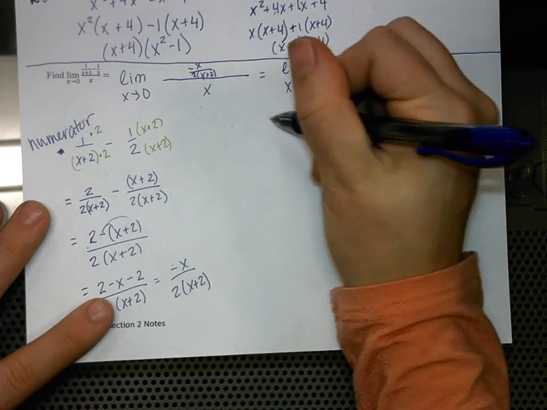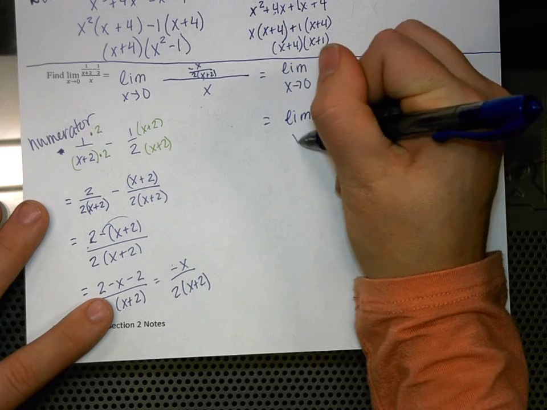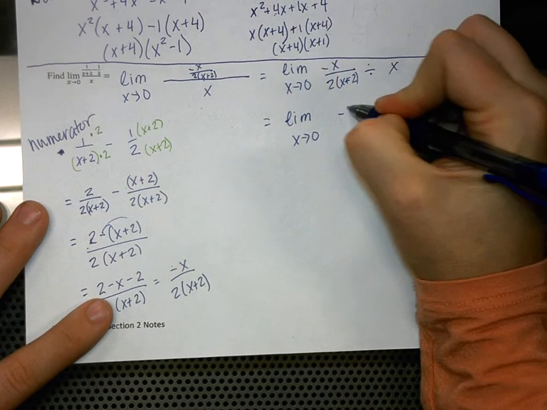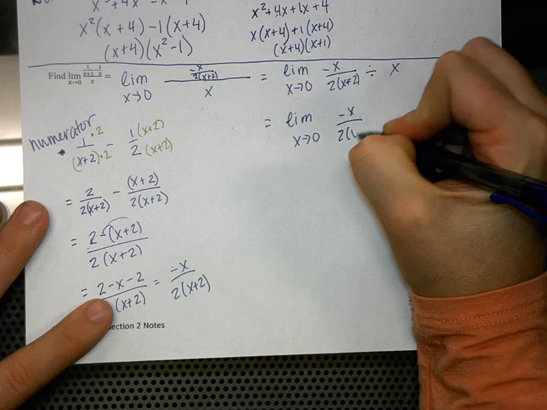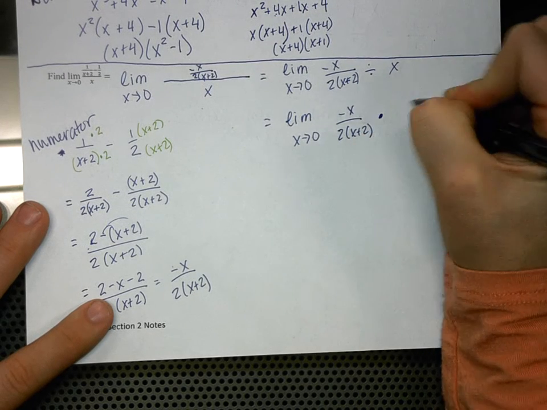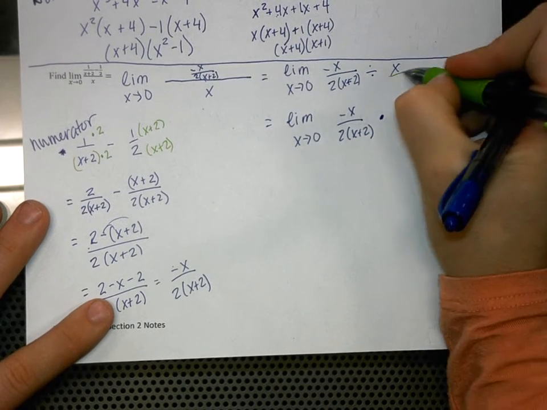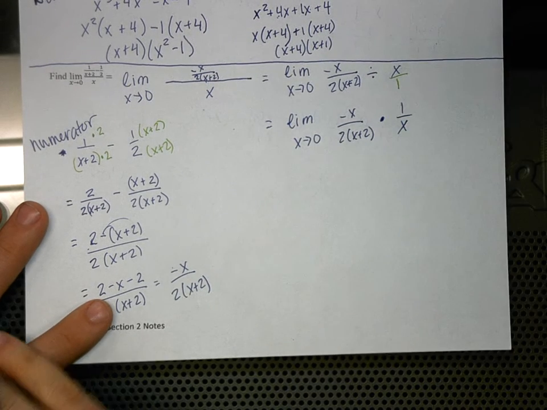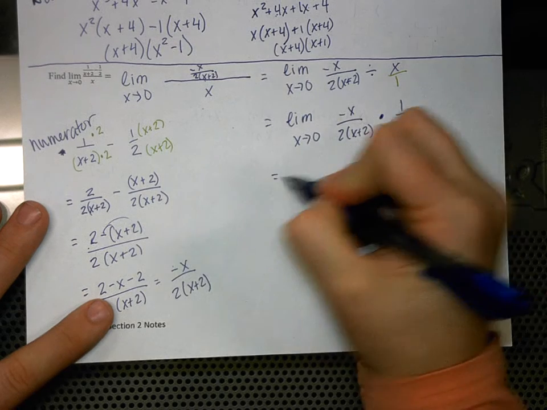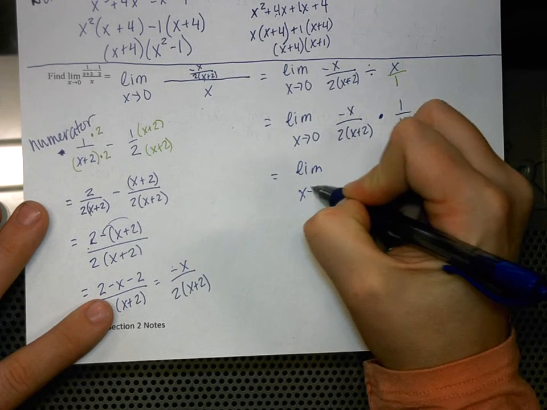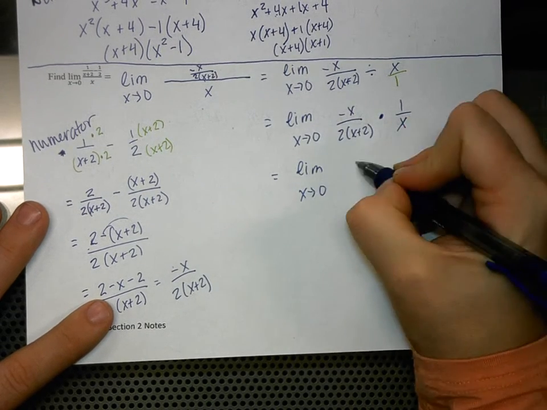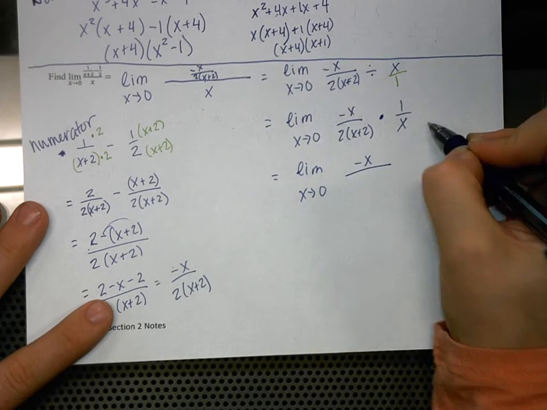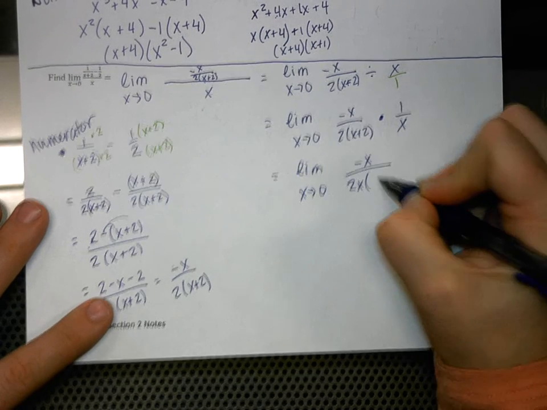Then I can change this to my numerator times the reciprocal of my denominator. So if my reciprocal of x is 1 over x, then negative x times 1 is negative x. 2 times x is 2x times x plus 2.